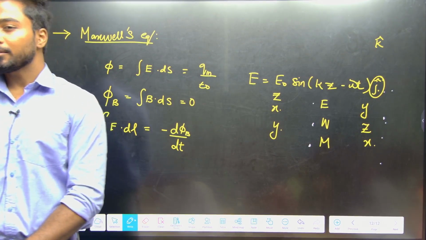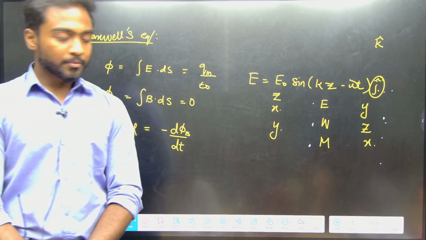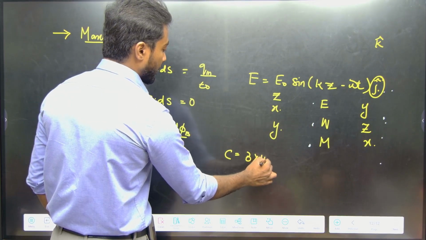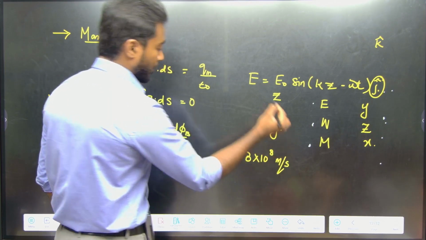What is the speed of light? It is nothing but c equals 3 into 10 power 8 meters per second.